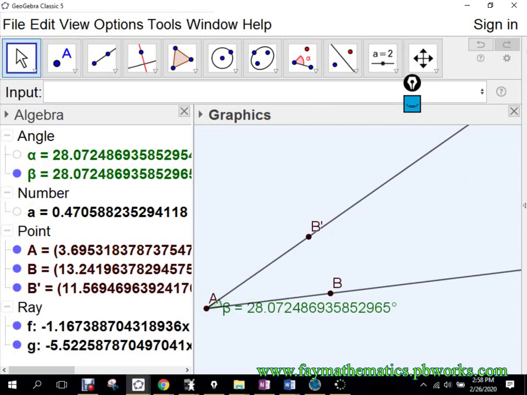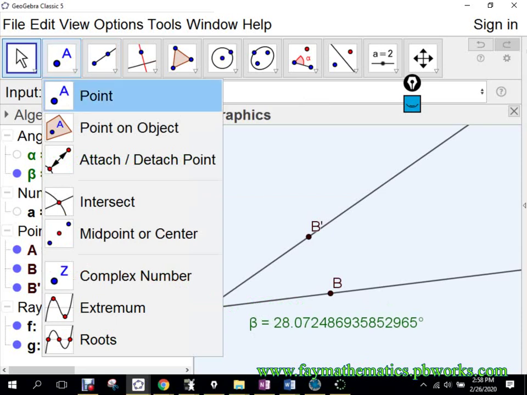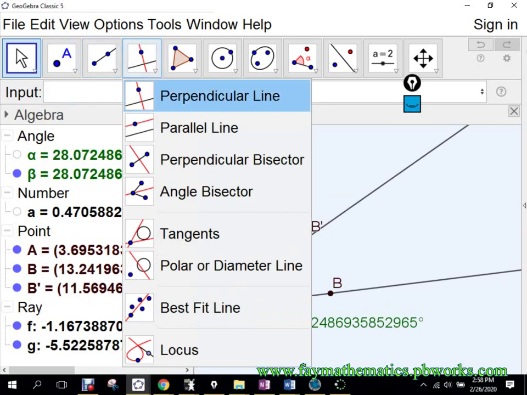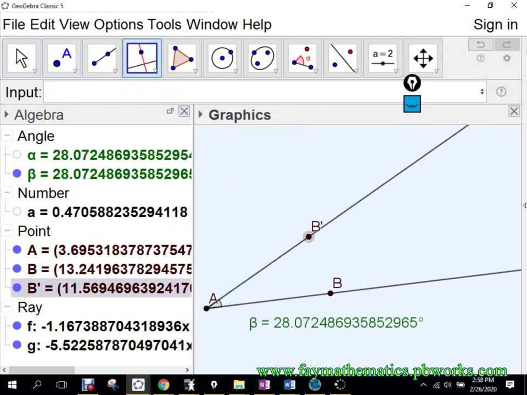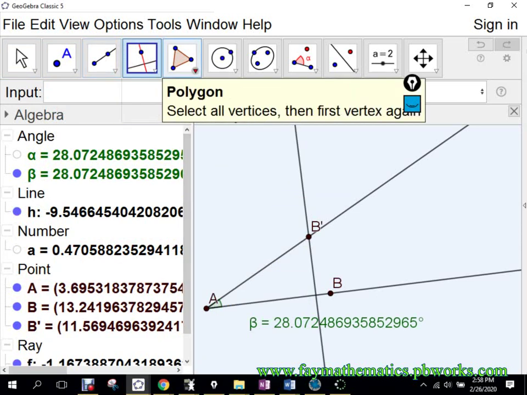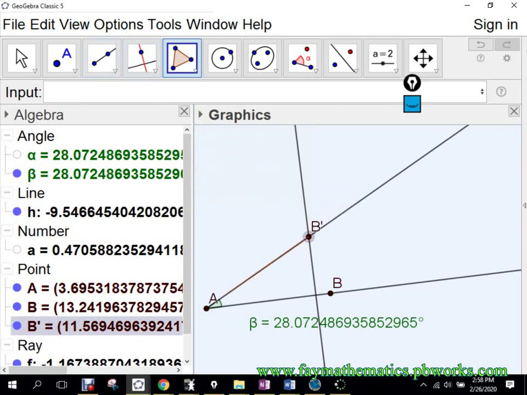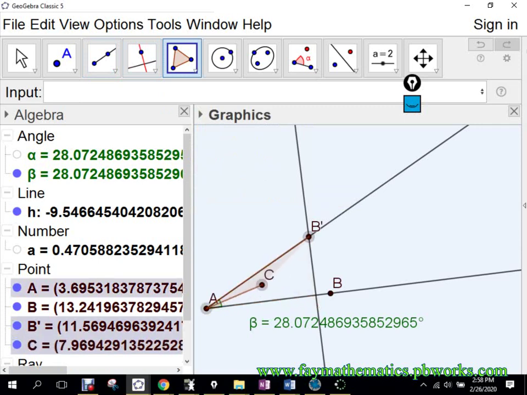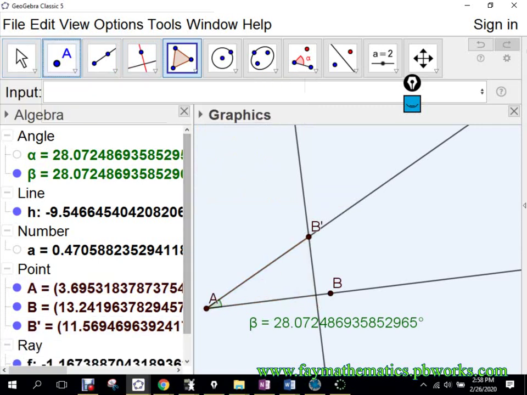So that's one of my angles for my right triangle, correct? Now, I don't care how long my sides are. So I'm going to draw a perpendicular line from there to there. I just need a right triangle, correct? So if that is a right triangle, I need that intersection point.